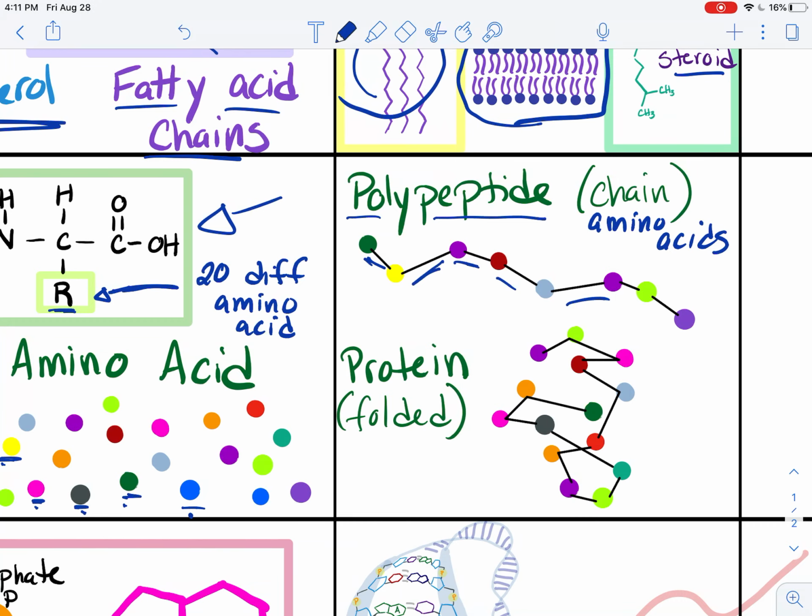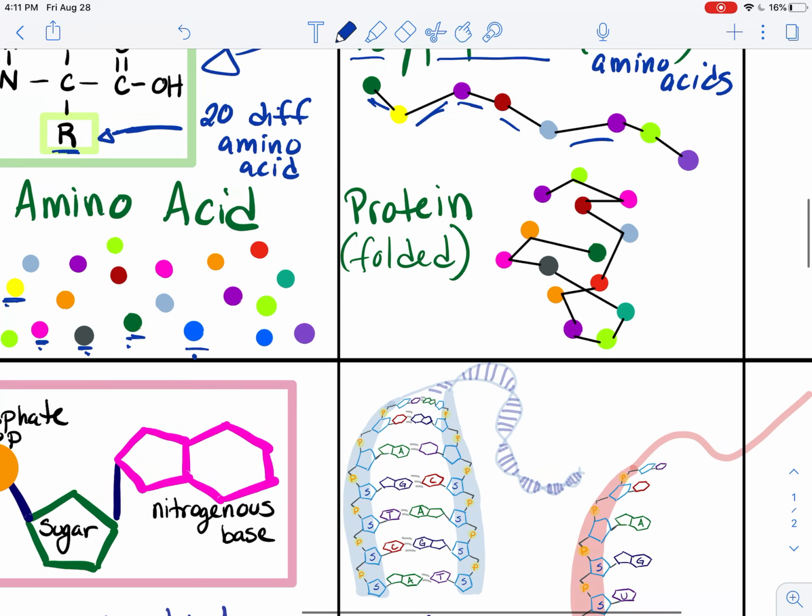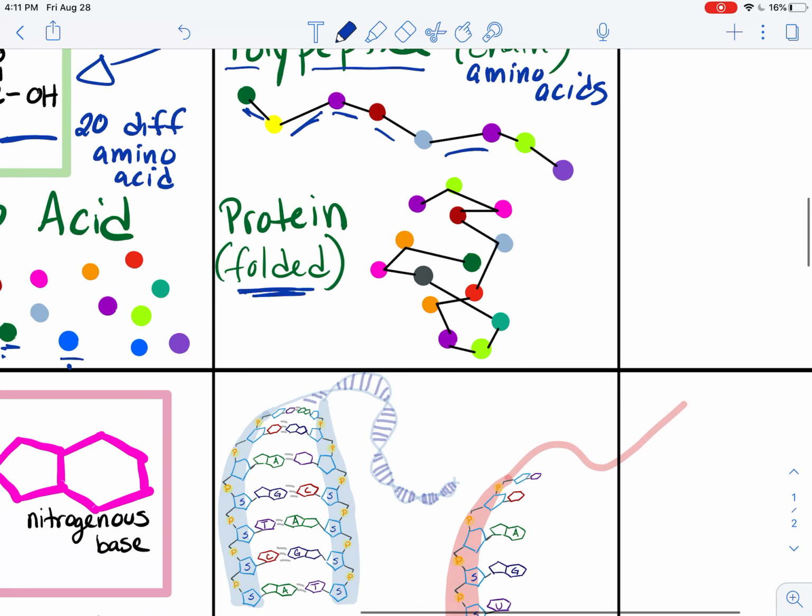After our amino acids are linked together, what happens is that they then start to fold. So some of them are attracted to each other, some of them want to be near other ones, and what happens is they start to fold into a pattern. And once our proteins fold into a certain pattern, then they will have a function.